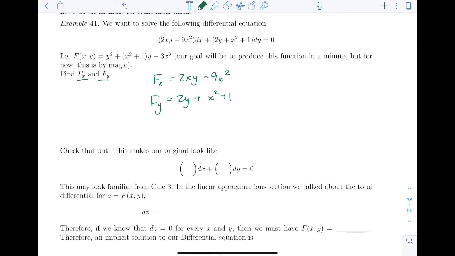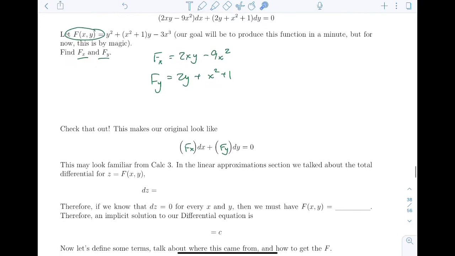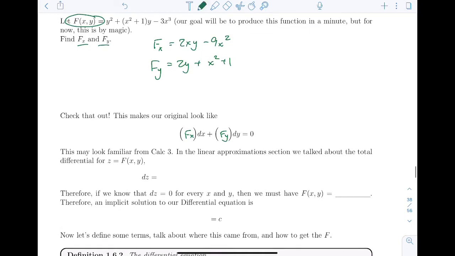This means that our equation up here, given this function f, looks like fx dx + fy dy. Now that should look familiar to us because it looks like the total differential, which is, if we have a function z = f(x,y), then dz is fx dx + fy dy.